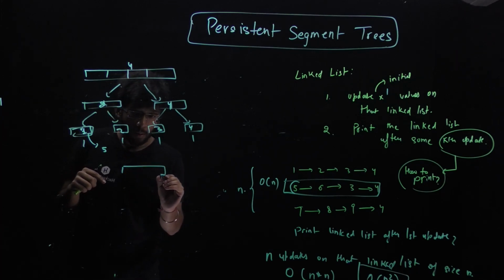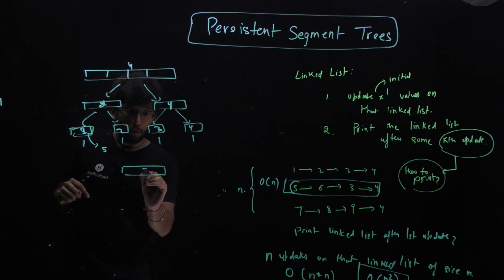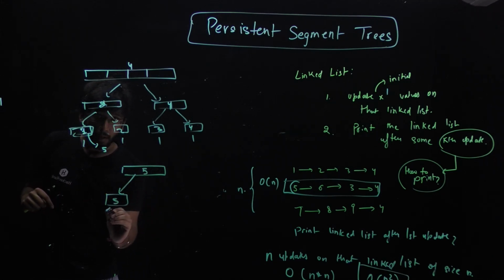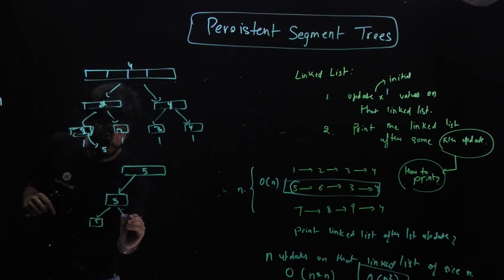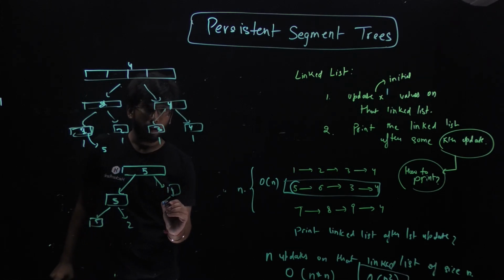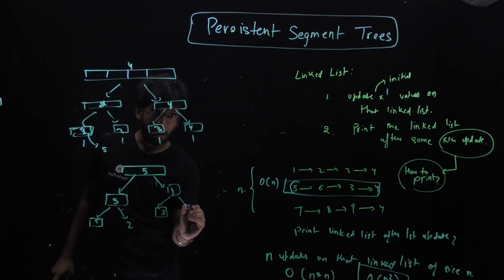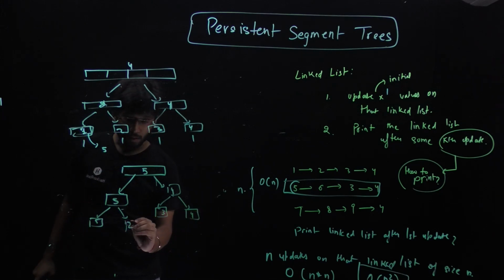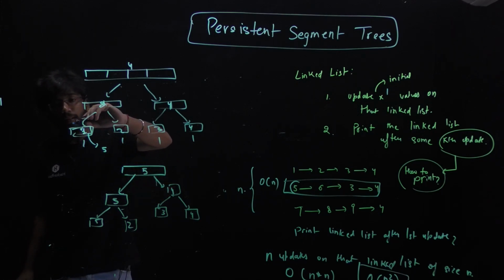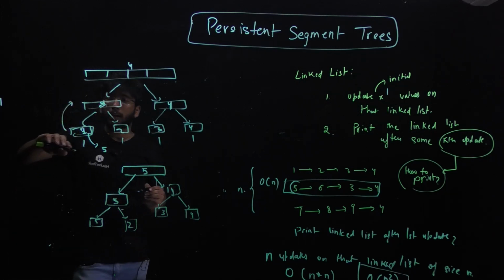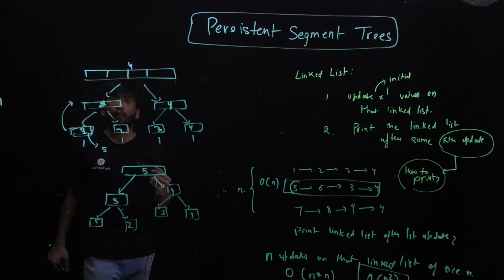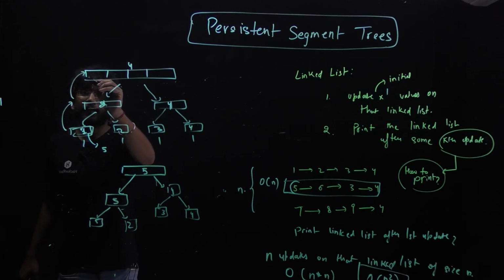So now the segment tree would look like 5, 5, 5, 2, this is the same, 4, 3, 4. So actually we can see that there is change only along the ancestors of this particular node on which the point update has actually taken place.